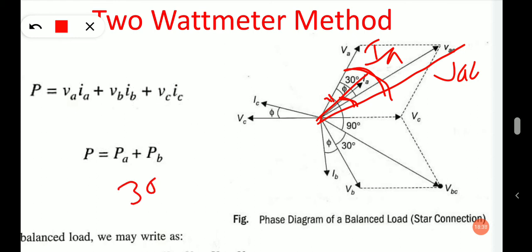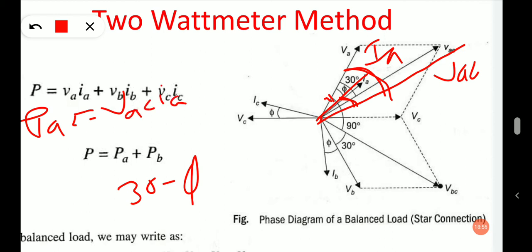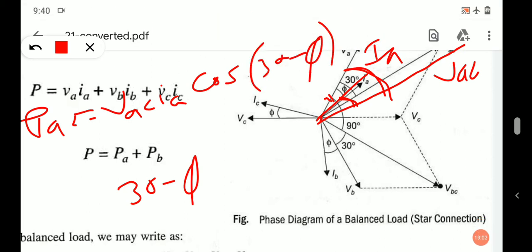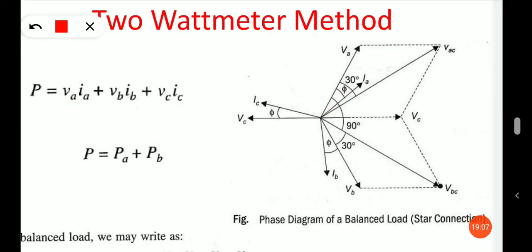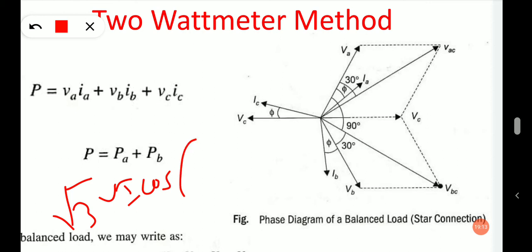That means the leading angle is 30 minus phi. Hence the reading of wattmeter WA is given as PA equals VAC IA cos 30 minus phi, or we can write root 3 VI cos 30 minus phi. This is for PA.